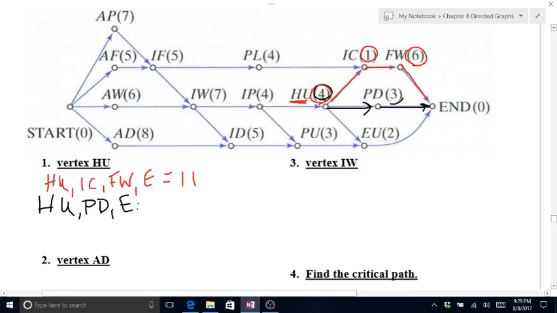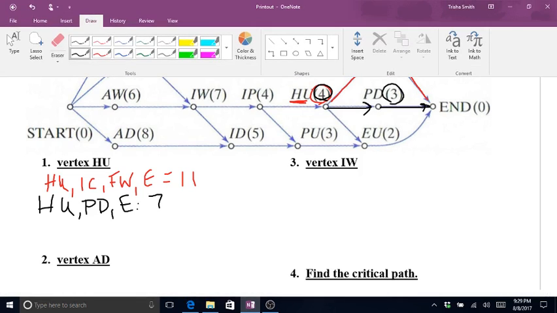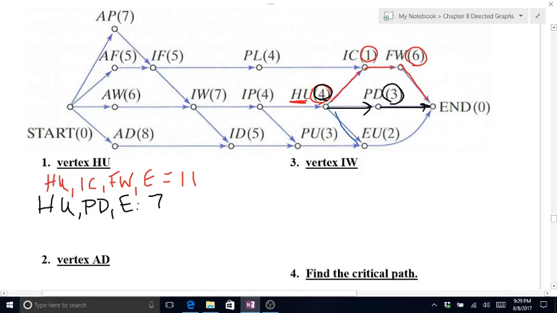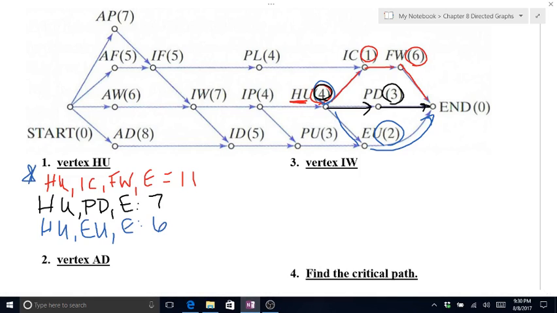That's 4, 3, that's 7. And finally, I can go from HU to EU, and from EU to the end, that's 4 and 2, that's 6. So HU, IC, FW, end is going to be my critical path.